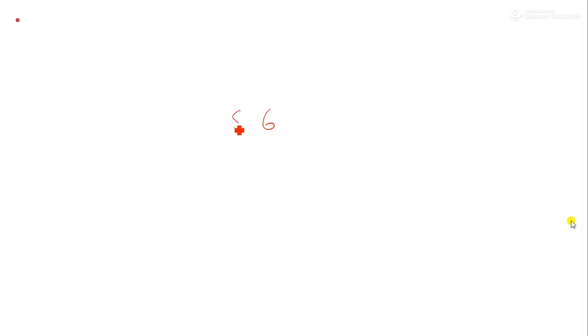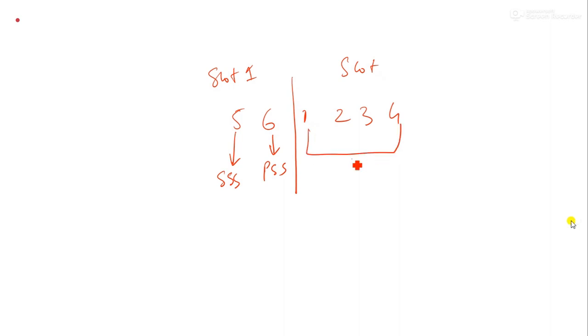In the 6th slot, you get PSS. In the 5th slot, we get SSS. In the next slot, we have 1, 2, 3, 4. This is slot number 1 and this is slot number 2. In slot number 2, these 4 OFDM symbols are occupied by PBCH.